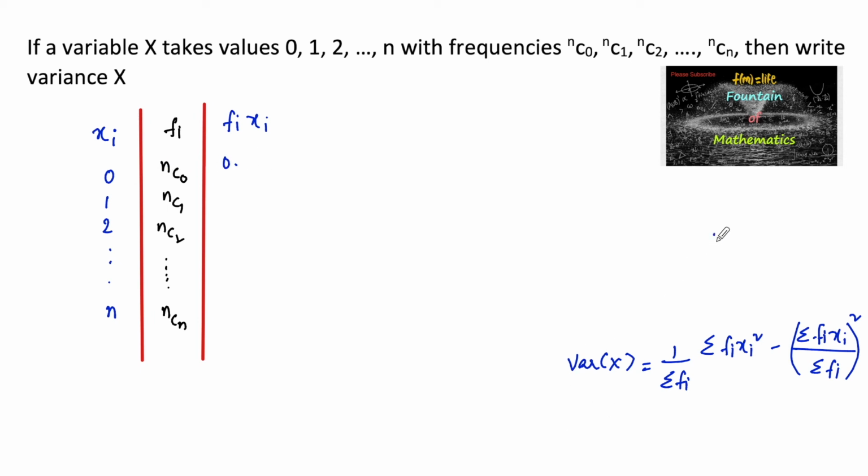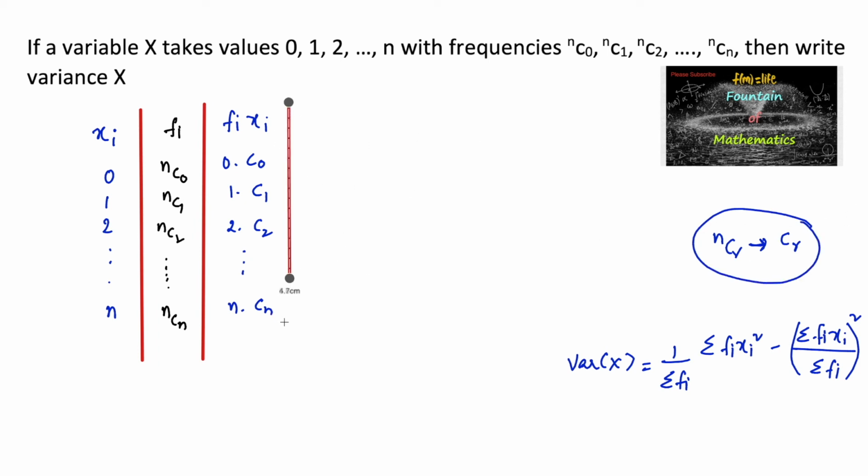For short, let us write nCr as Cr. So we can write 0 into C0, 1 into C1, 2 into C2 and so on up to n into Cn, where Cr denotes nCr. And let us consider xi square, so we have 0, 1 square, 2 square and so on to n square.